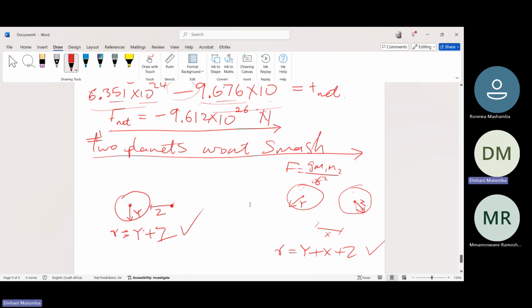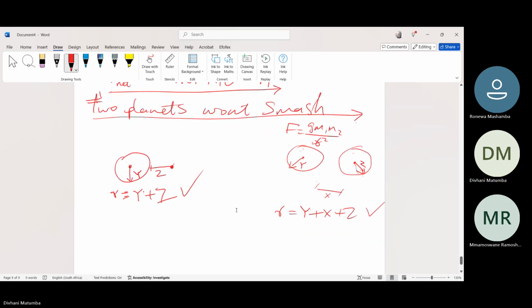So, Mamswan, how do we determine the direction of the electric field? What do we do? So I think to determine the direction of the electric field, do we not consider the sign of the electrical force?